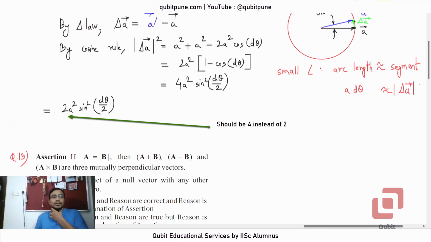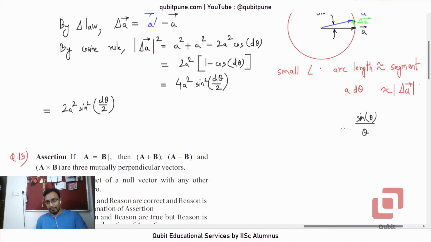And if I take the square root, what do I want? Now, because I know that d theta is a small angle, and if I ever want to use it, I will make the following changes. The first change would be sine squared d theta by 2 upon d theta by 2 squared.